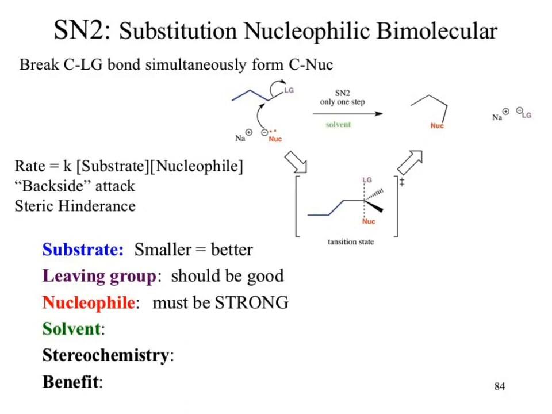Will it always be shown as a negative? No. Is this a strong nucleophile? Yes. Why? It's negatively charged. Is this a strong nucleophile? Well, it's not shown as negatively charged. Yeah, it is.